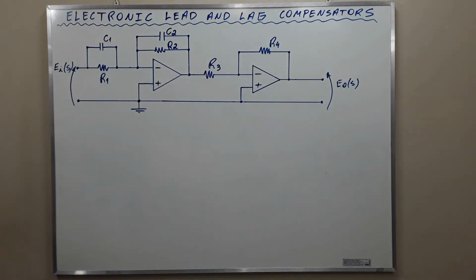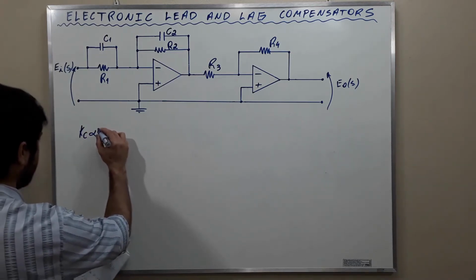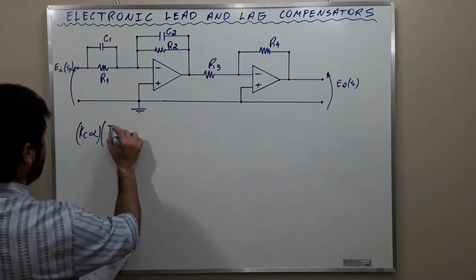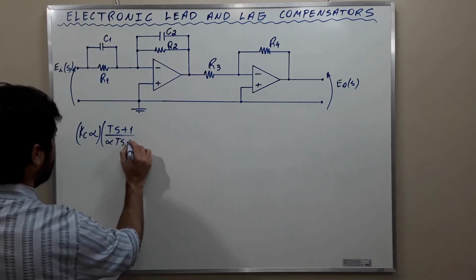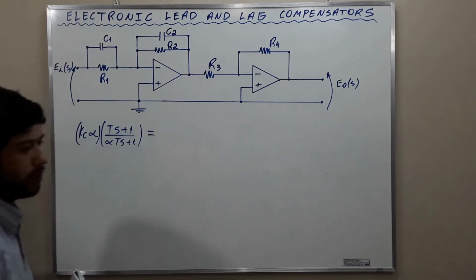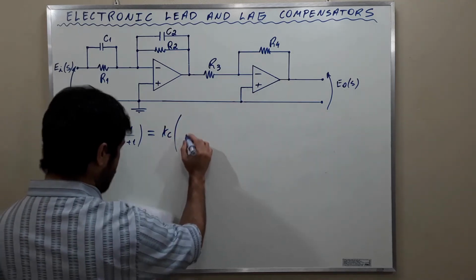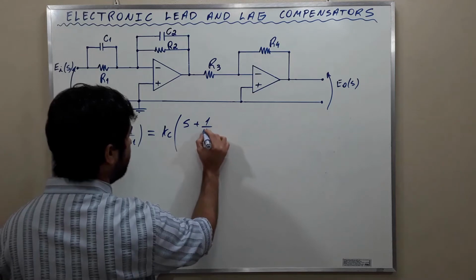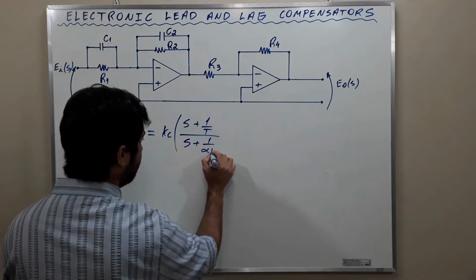Consider a lead compensator having the following transfer function. Now we are going to work with a lead compensator only. The transfer function is Kc alpha (Ts plus 1) over (alpha Ts plus 1), which can also be written as Kc times (S plus 1 over T) over (S plus 1 over alpha T).